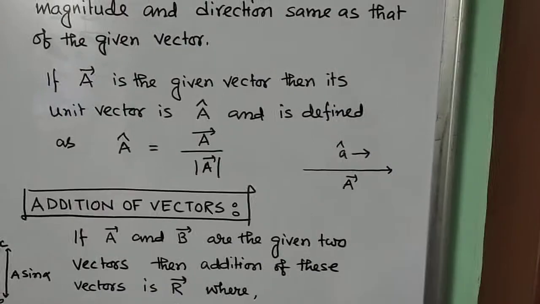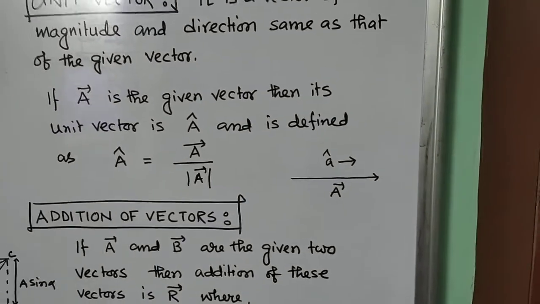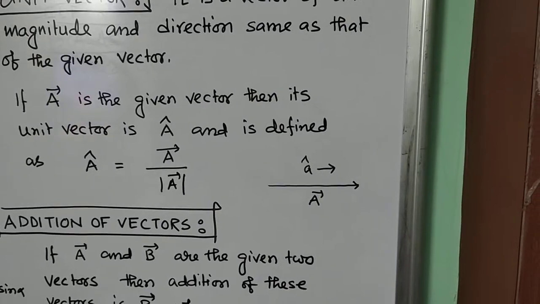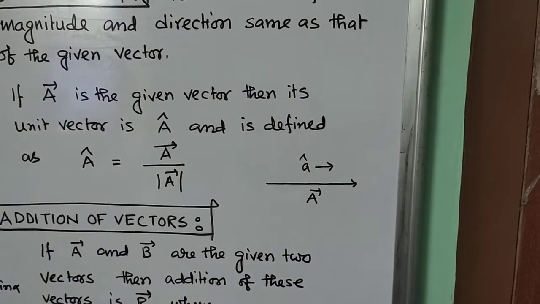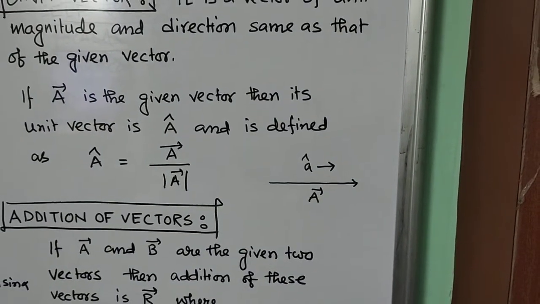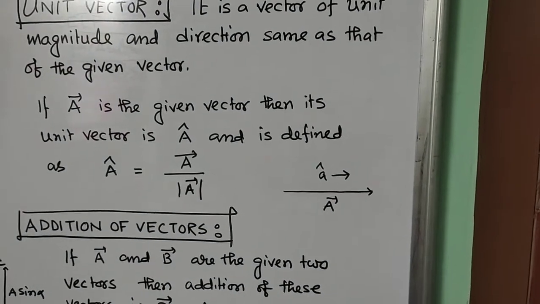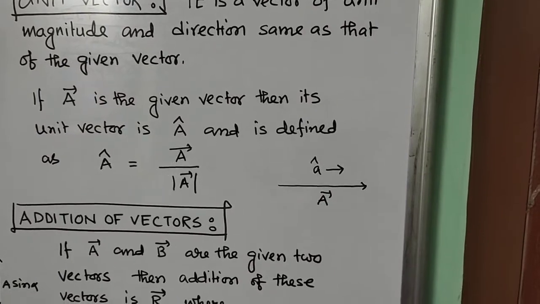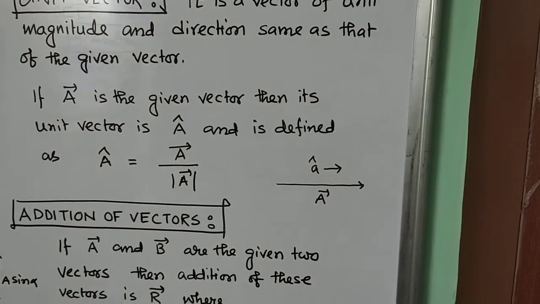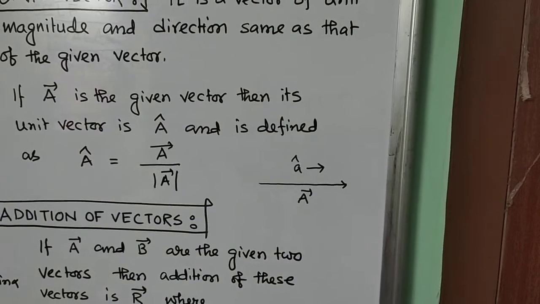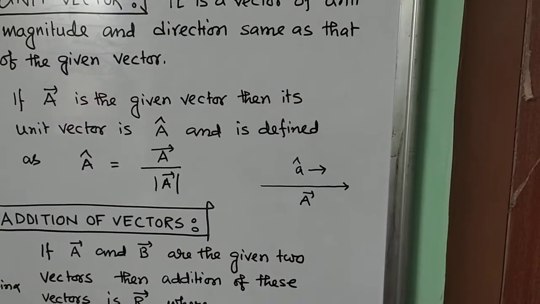We are trying to explain in a figure using two different notations. So capital A vector is the given vector with the larger magnitude and the arrowhead, and above it we have given small letter a with the cap. So a cap basically defines the unit vector, and it directs from left to right.